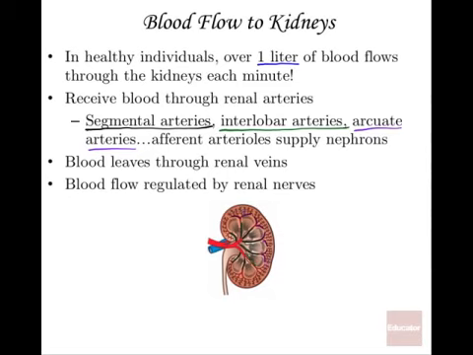Those are all in here in the cortex of the kidney, and they branch off into millions of little bundles of capillaries. So blood leaves through the renal veins. So you have this blue little tube here. The renal veins take blood out of the kidney, the blood that hasn't been filtered out to make urine. And of course, blood flow is going to be regulated by nerves. They're called renal nerves.